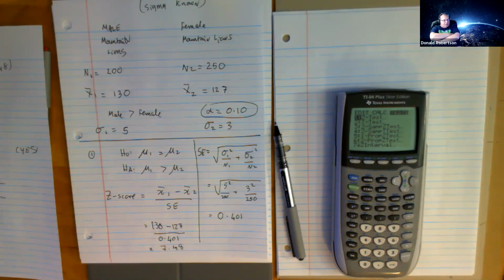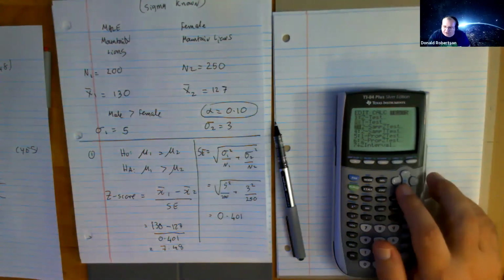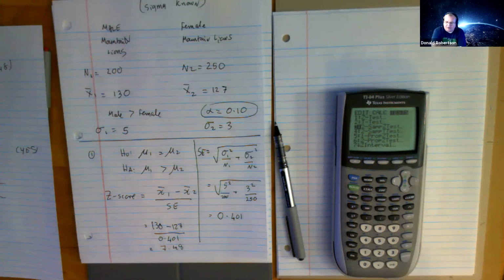Sigma is known. I guess I should say sigmas are known. What do you do when there's 2 samples and you know? Maybe number 3? And the answer I just heard was that one.